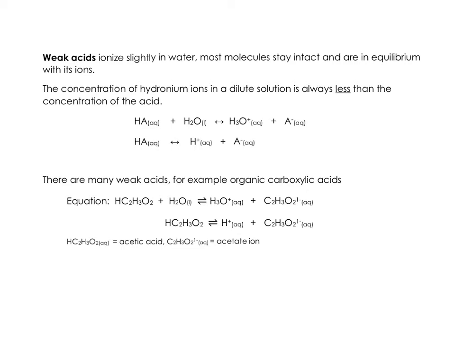used weak acid is acetic acid. We know it as vinegar. So acetic acid plus water will form the hydronium ion, double arrows, and the acetate ion. The acetate ion is the conjugate base of the acetic acid.